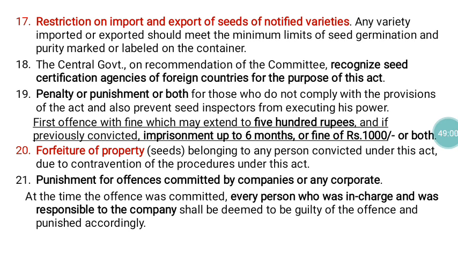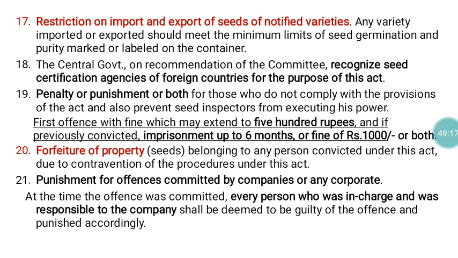If the same person commits the mistake a second time, the person may be given 6 months jail or a fine of 1,000 or both. That will be decided by the officials. That is in section number 19.